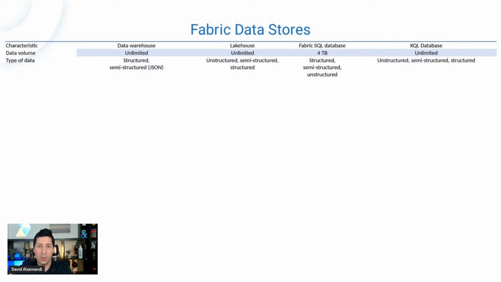Those are the main data stores for developing analytics environments. So when you think of creating a data warehouse, it doesn't matter what type it is, a 2-tier data warehouse, a 3-tier data warehouse, a Medallion architecture, you'll be choosing or combining the data warehouse and the Lakehouse in your architecture.